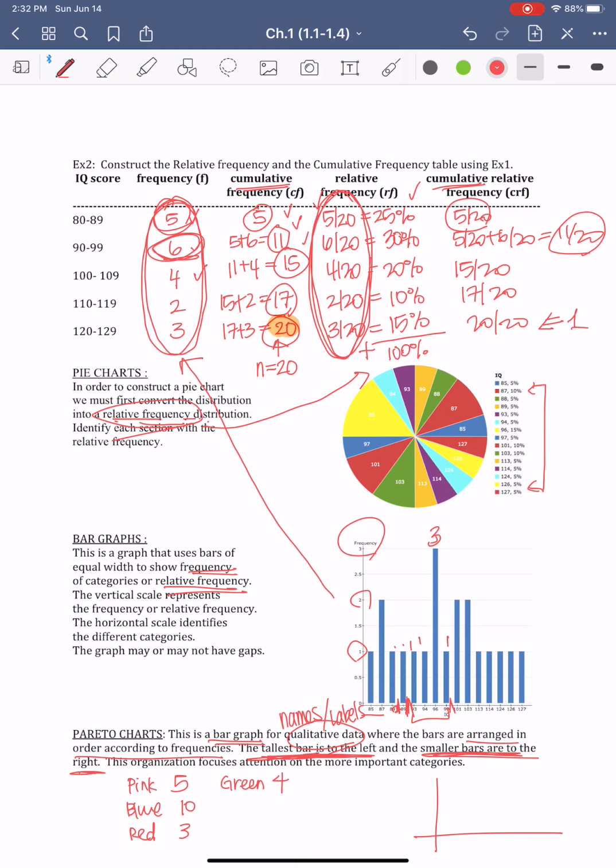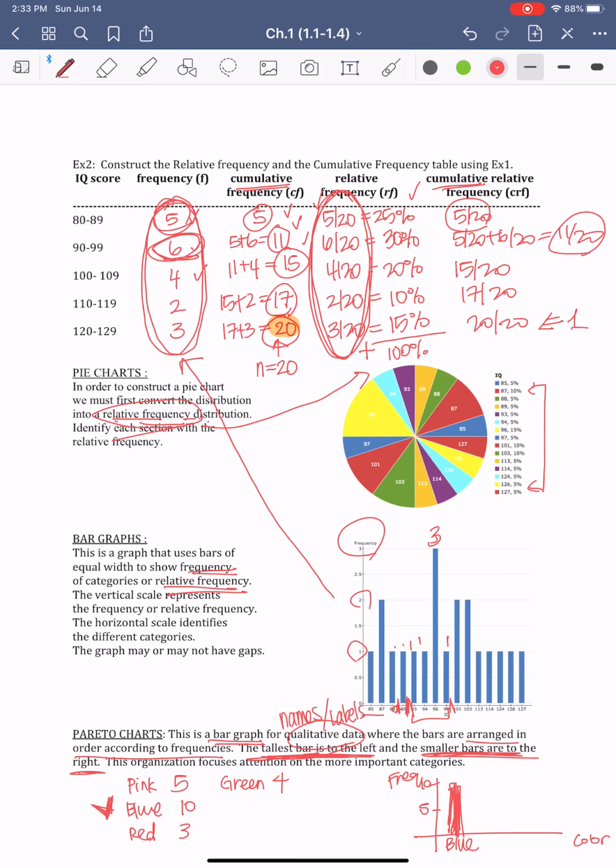Names and labels only. So here's the color and here is the frequency. Your first bar is the tallest bar, so it will be the blue one. You're not going to put pink, blue, red, green in that order. You're going to put the blue one first. Let's say this is 5 and this is 10, and then create a bar graph according to that. Okay, so blue.